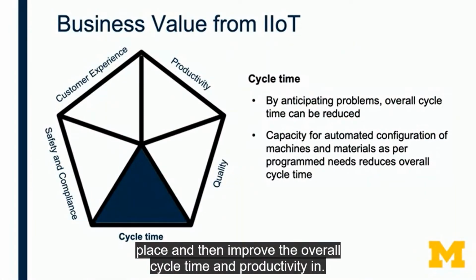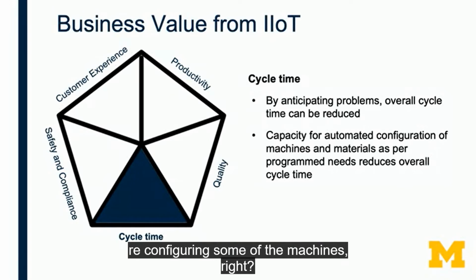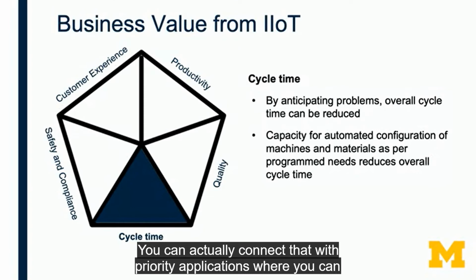But similarly, IIoT applications are also used in dynamically configuring some of the machines, right? We talked about the PLC controllers and how they automate and program the machines. You can connect that with IIoT applications where you can sense changes happening in the manufacturing process.